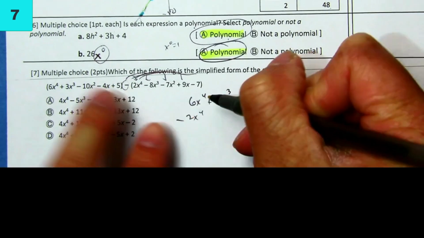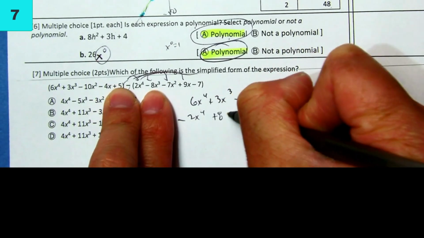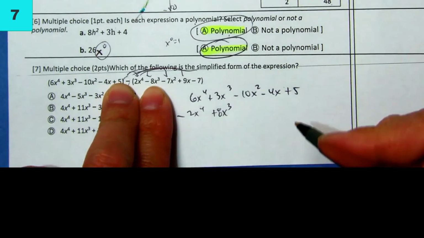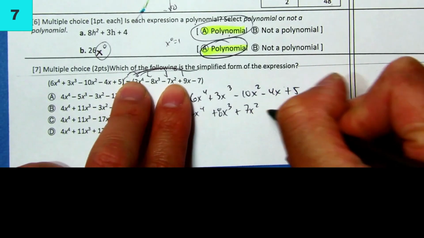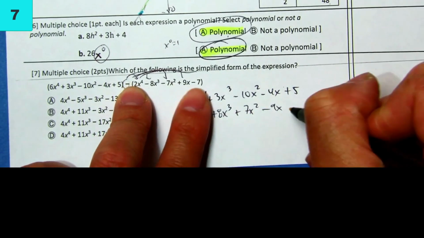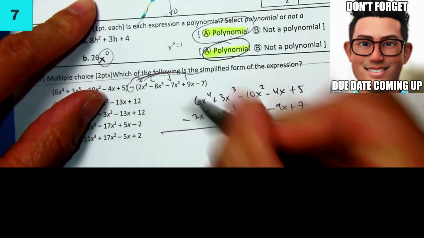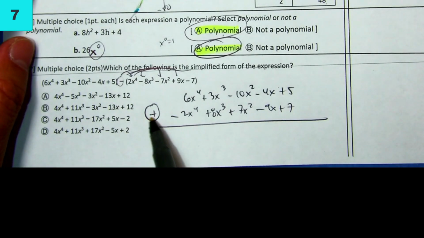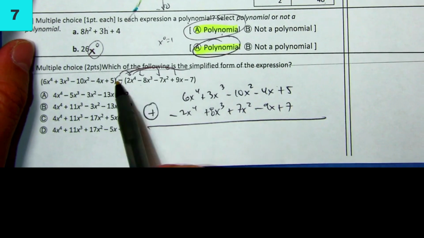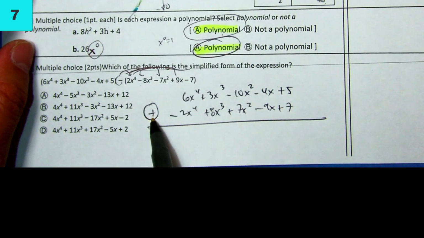And we're going to change all the signs, so positive 8x to the 3rd, and change this one to be 7x squared minus 9x plus 7. Now, because I already changed all the math operations, we are now adding.